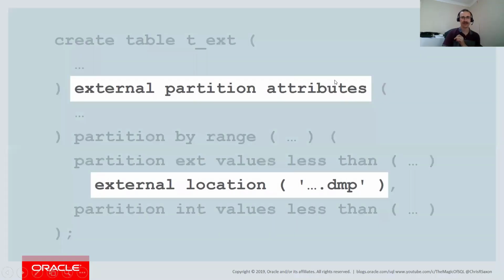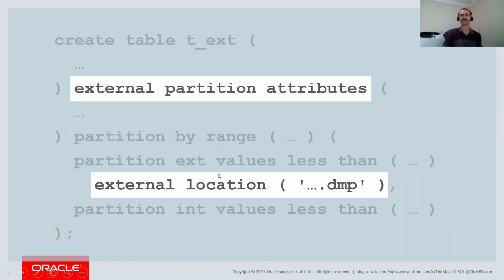If it's pointing to a file on the file server, we use external location and the name of the file. If it doesn't have external location, then it's implicitly an internal partition. So that's just a regular partition we can read and write, load data into as normal.